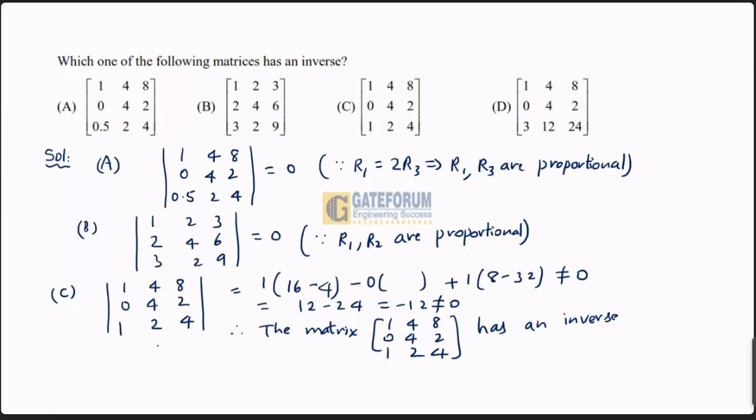Similarly, determinant of D also. The matrix in option D, determinant 1, 4, 8, 0, 4, 2.